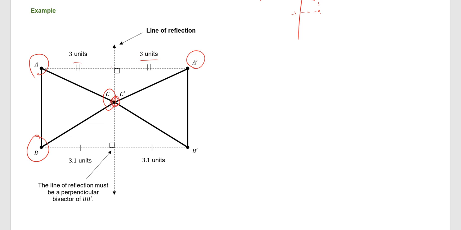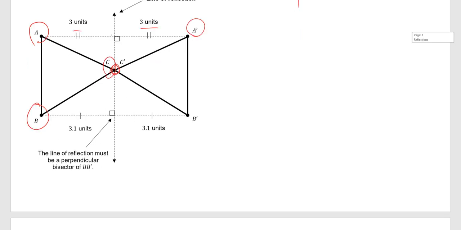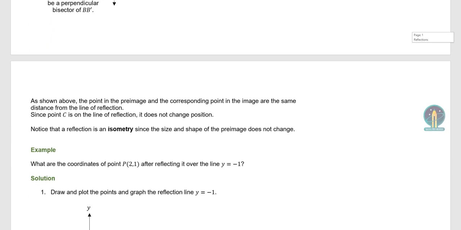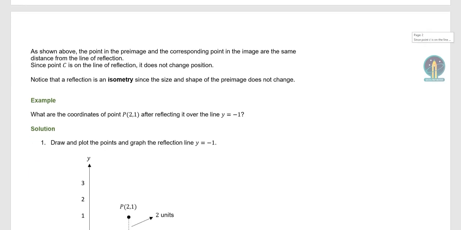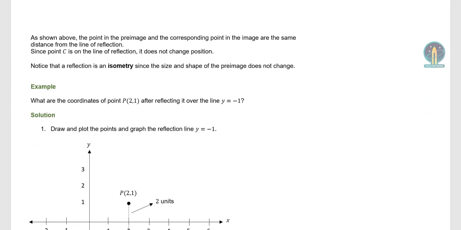Okay, it does not change position. Notice that a reflection is an isometry since the size and shape of the pre-image does not change. So size and shape do not change. Okay, position changes.